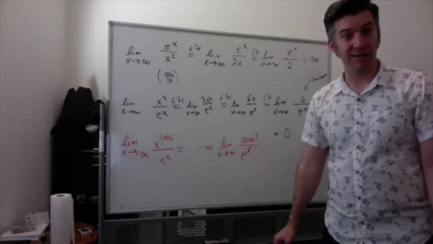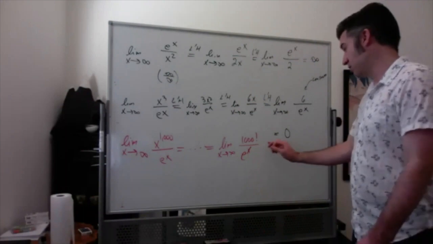The denominator is not a constant. It's something that's infinitely large. So this is also going to be 0.